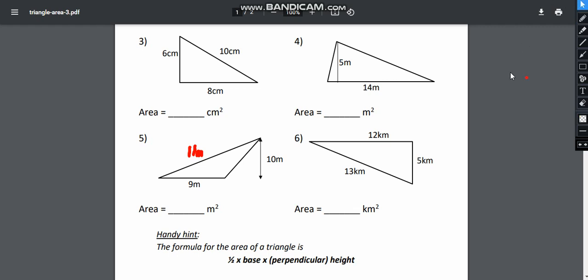I've just realized the recording ends after 10 minutes, so I'm just going to really quickly go through this. The area of this one is 9 times the perpendicular height of 10, so this one will be 90. And the area of this one would be 12 times 5, which is 60. And I can't do the perimeter, sorry.